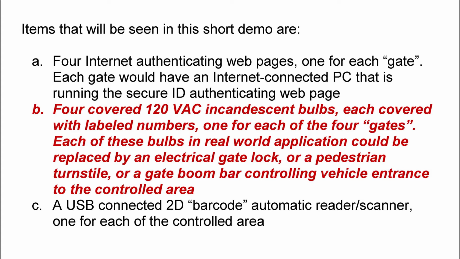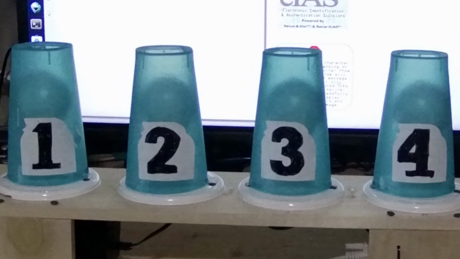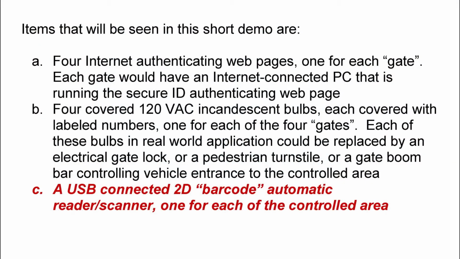Conversely, an authenticated Smart QR ID that does not turn on a light bulb means no entry for the ID holder through that gate. A real-world electrical device represented by the light bulb could be a gate lock, or a gate boom bar, or a pedestrian turnstile.